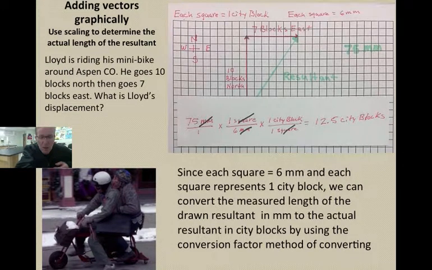So I have 75 millimeters, which I measured, and I'm going to multiply that by my conversion between squares and millimeters. Each square is 6 millimeters, so I have my conversion factor for that, and then I also have the conversion between city blocks and squares. So I'm going to end up with 12.5 city blocks. That's going to be the magnitude of our vector.